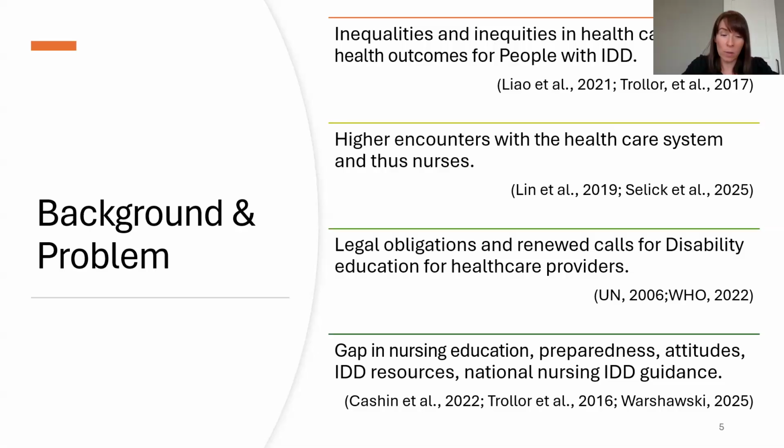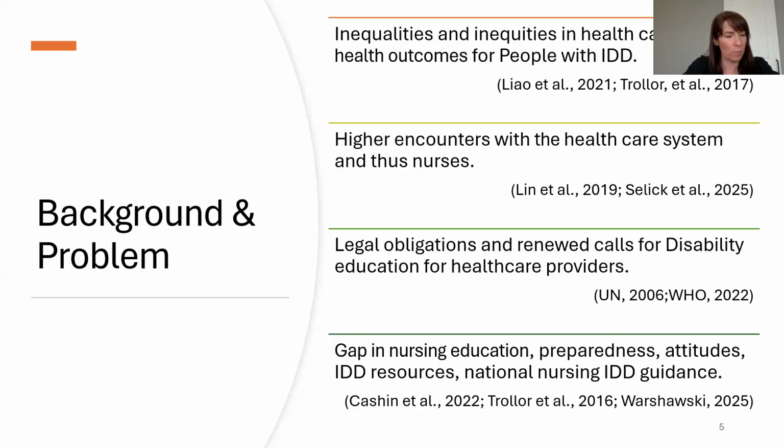This population also experiences poorer health outcomes. Some of these differences are related to the IDD disorder itself, but others are related to inequities in healthcare. This population also has more frequent encounters with the healthcare system and thus nurses.